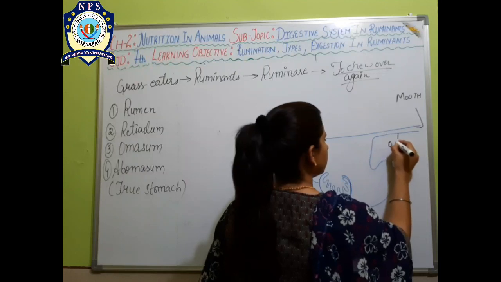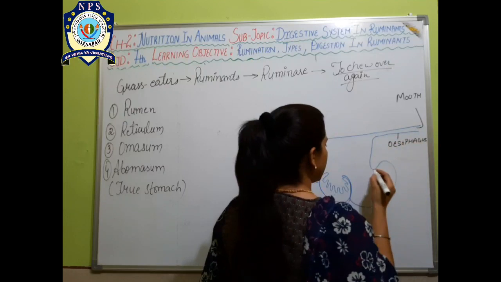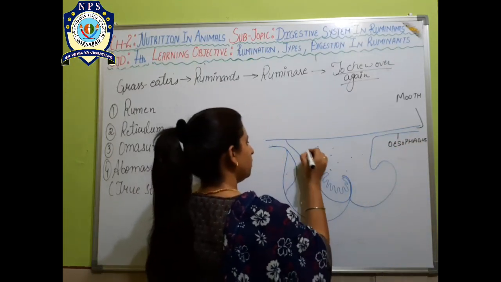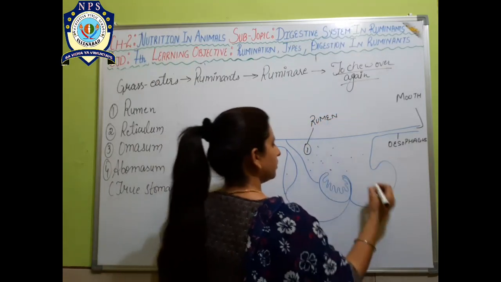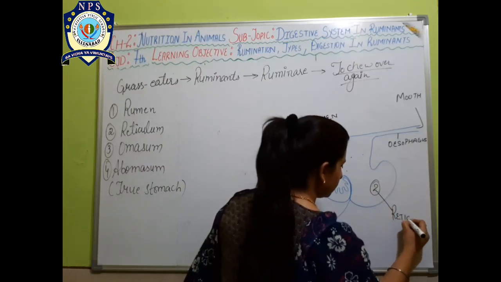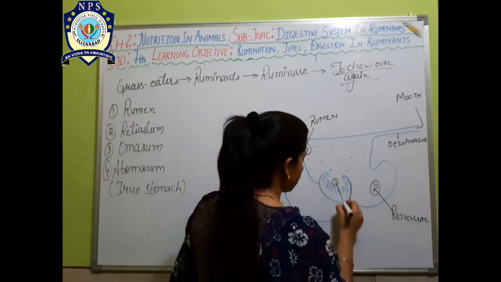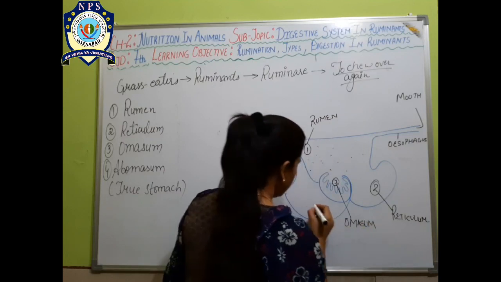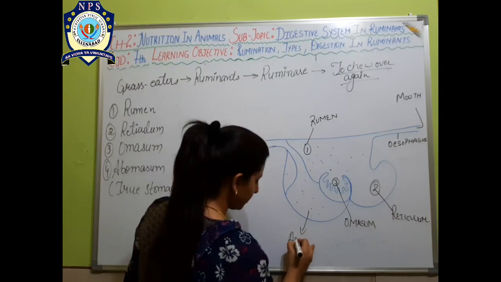This is the esophagus, the food pipe. This is the first chamber, which is called rumen. This is the second chamber, which is called reticulum. This is the third chamber, called omasum. And this one is the fourth chamber, which is called abomasum.